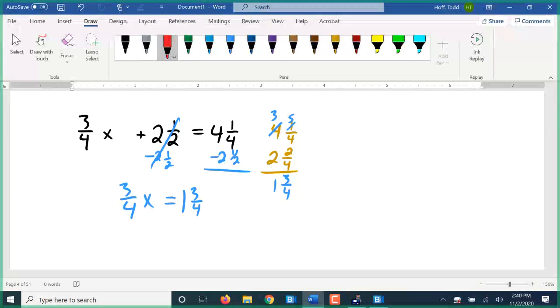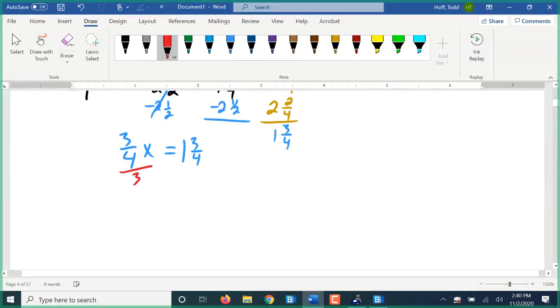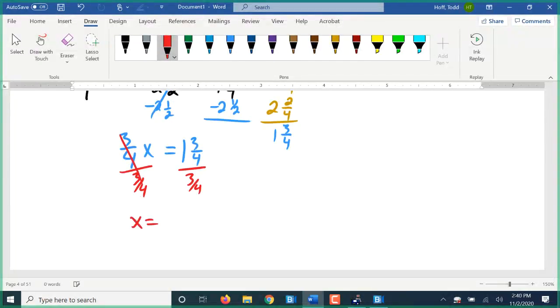And finally, to get x by itself, we divide by 3/4. X equals 1 3/4 divided by 3/4. Well, first of all, I'm going to change the 1 3/4 into an improper fraction. 1 times 4 is 4, plus 3 is 7/4.